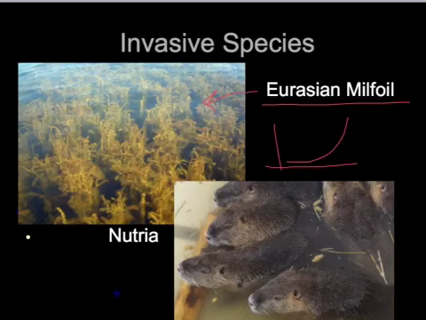And it's problematic because it creates these really dense mats and it doesn't allow the normal oxygen transfer between the wind and the water, that type of thing. They can also trap sediment in there, and there's the human component as well.